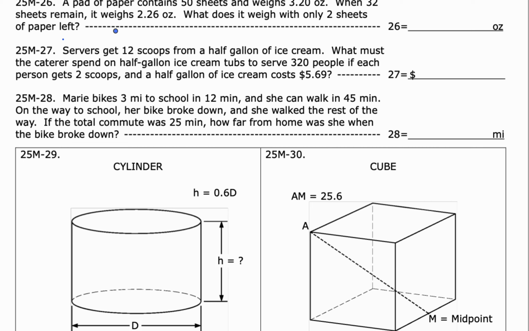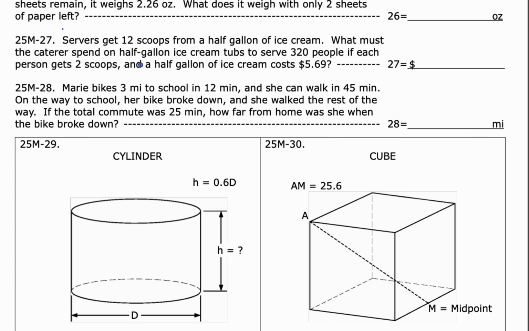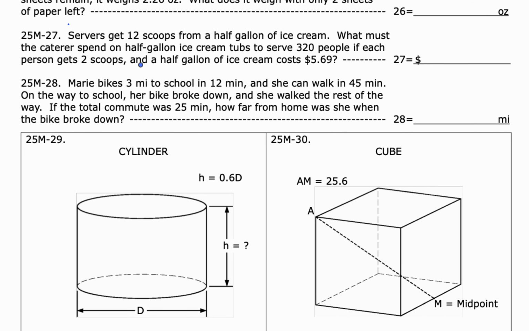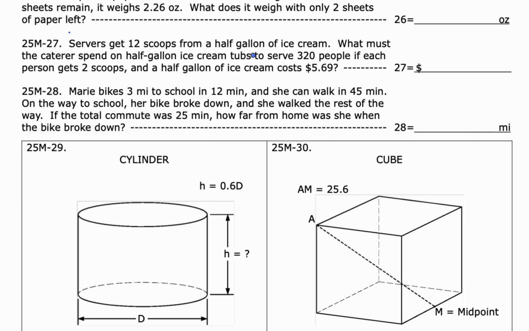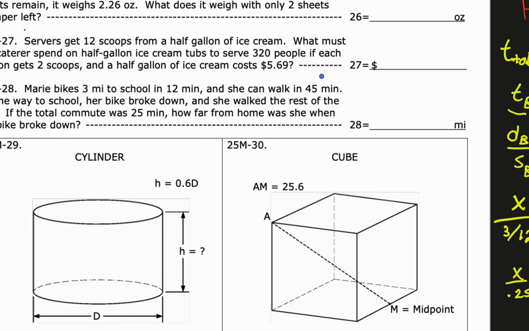All right, number 27. Servers get 12 scoops from a half-gallon of ice cream. What must a caterer spend on half-gallon ice cream tubs to serve 320 people if each person gets 2 scoops, and half a gallon of ice cream costs $5.69?